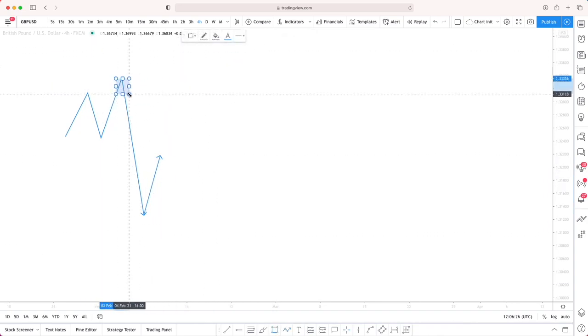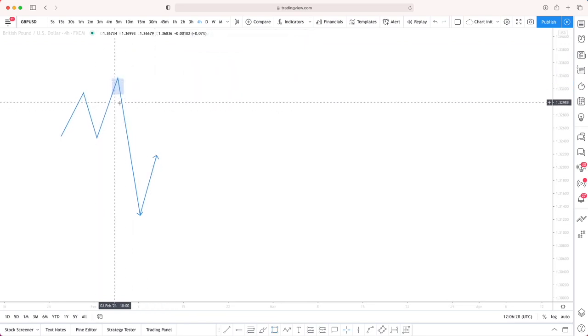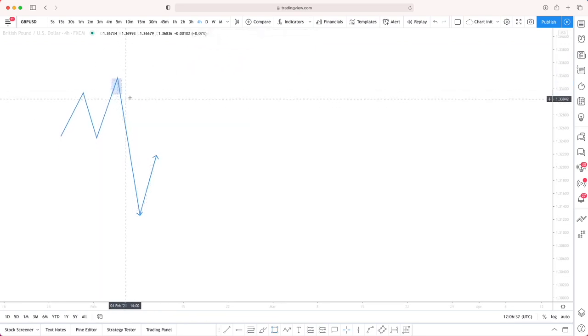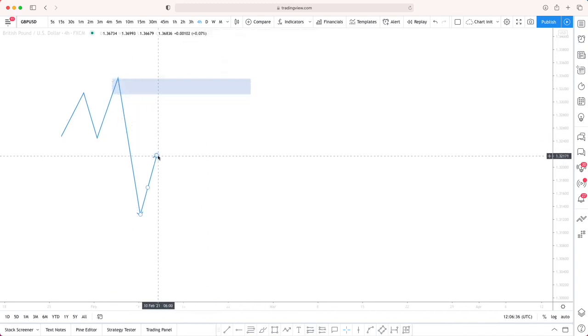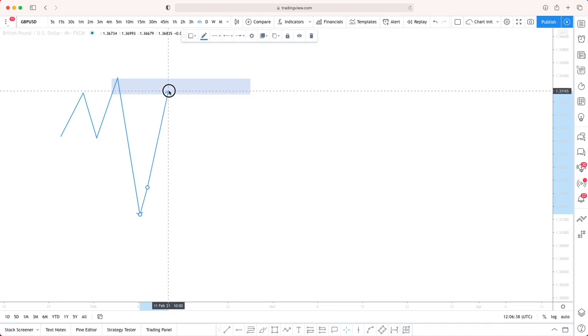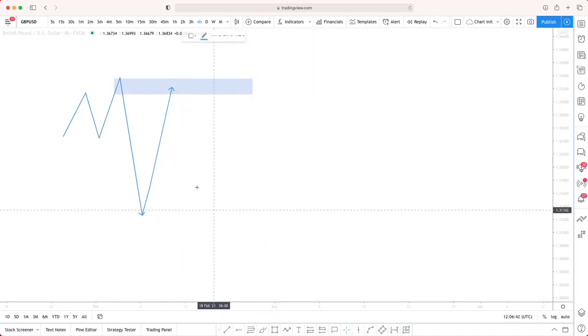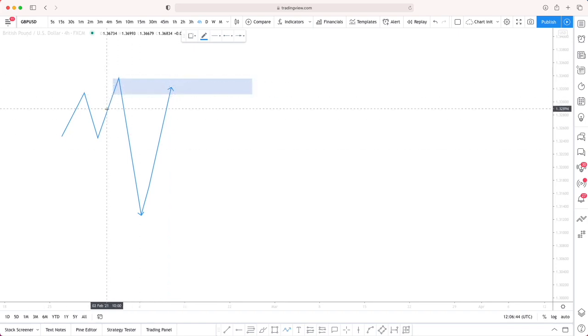This is going to be entry number one using a risk entry. However, we found the order block, so we're going to label it out and wait for price to get into that zone. Once price has entered that zone, we wait for this whole pattern again.